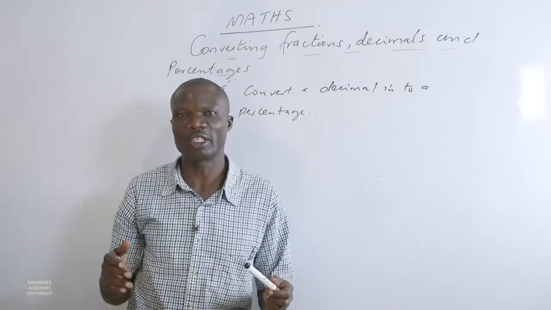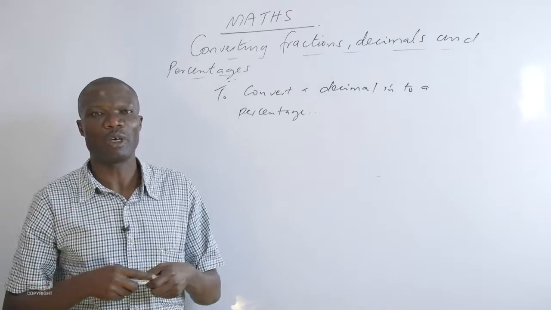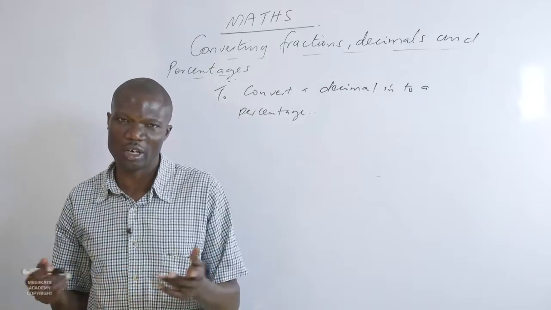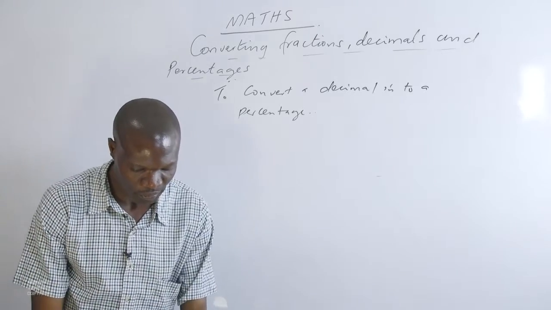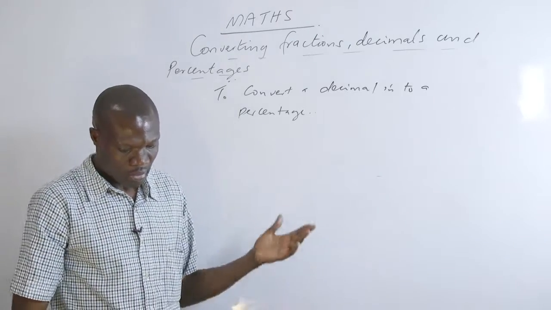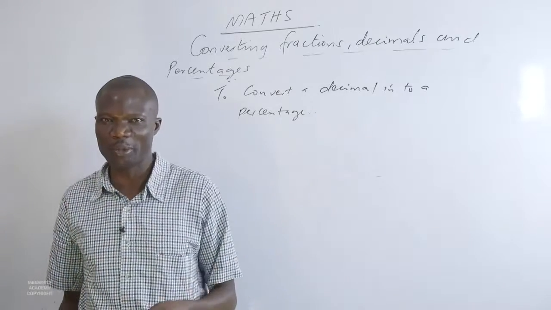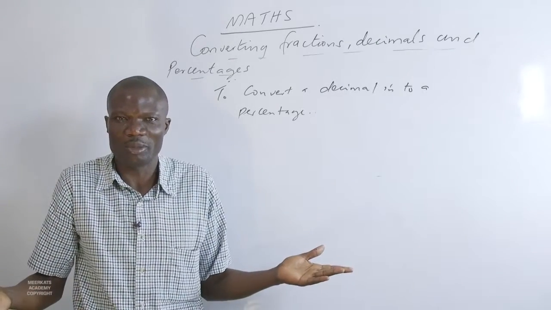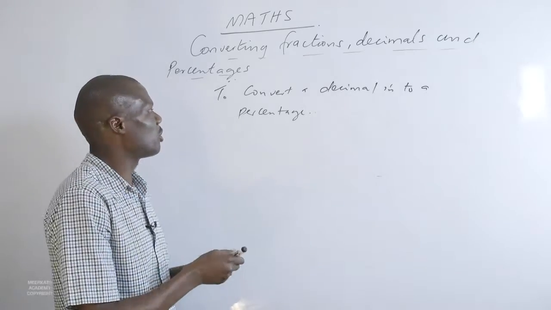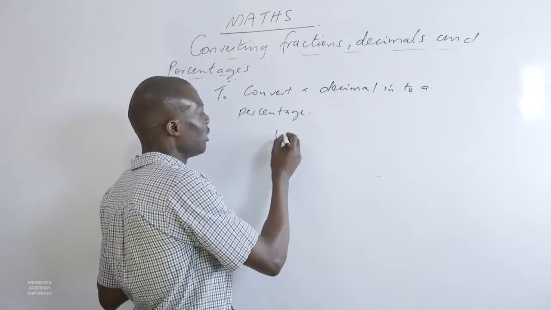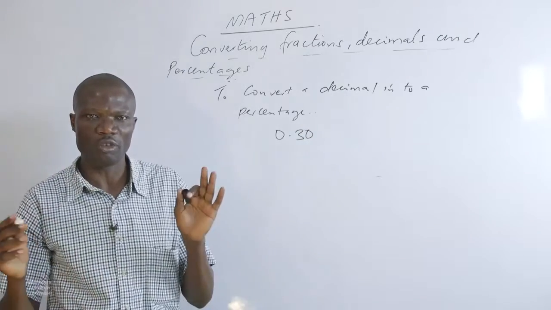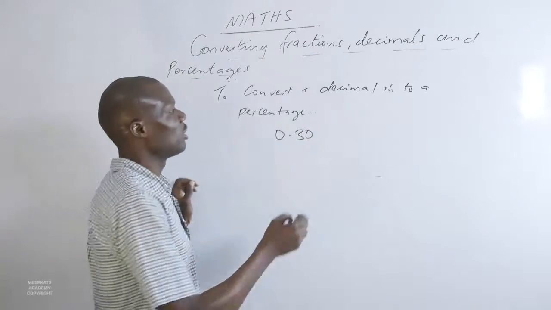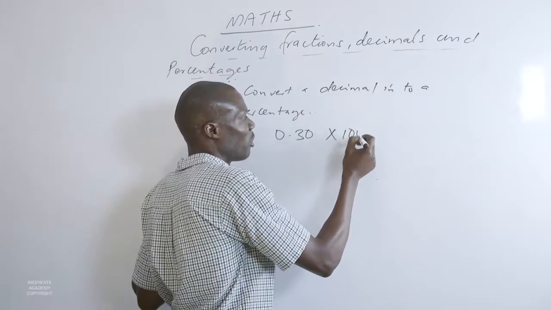Okay, let us look at how to convert a decimal into a percentage. Now, just as you have seen it happening in fractions, the same happens in decimals. So if you want to get 0.30 and you say convert into percentage, you simply multiply by 100.